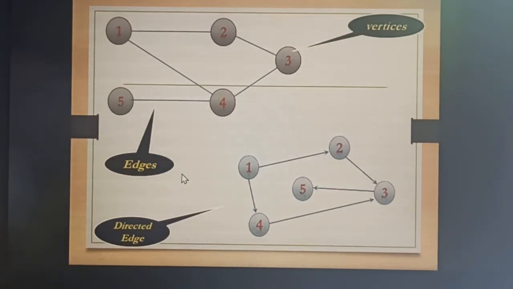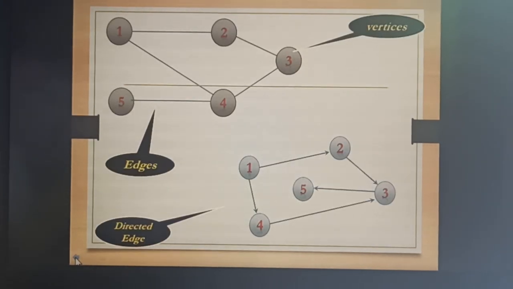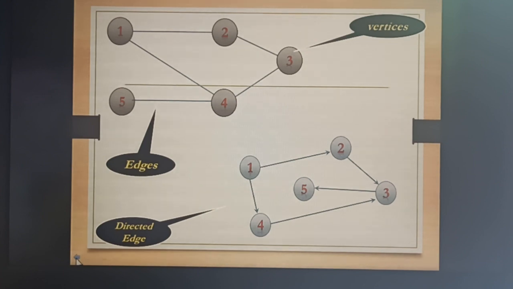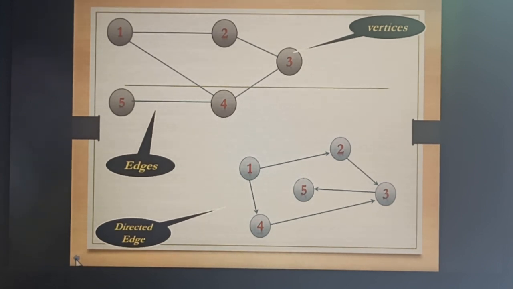See, this is one graph that contains some vertices and some edges: 1, 2, 3, 4 and 5.